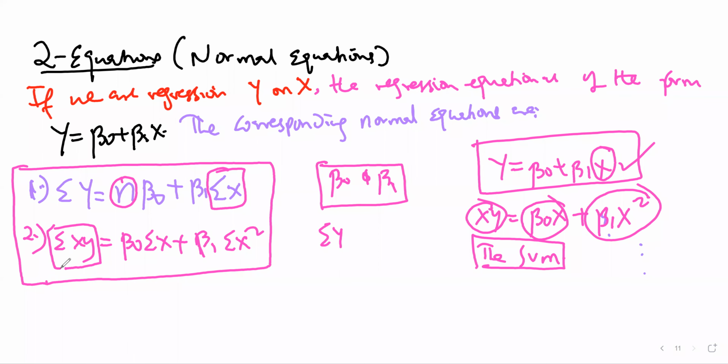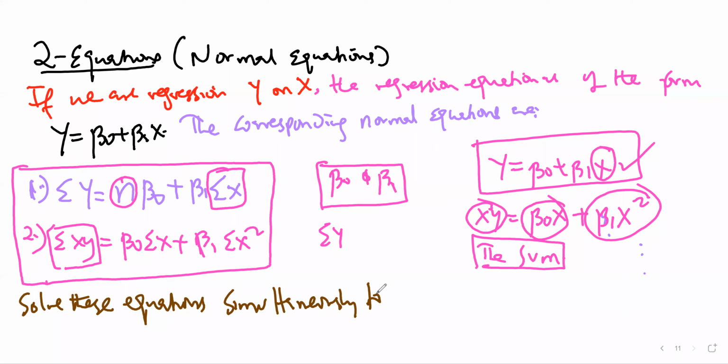Okay, so we need to say that you solve these equations simultaneously to obtain estimates of beta naught and beta 1.